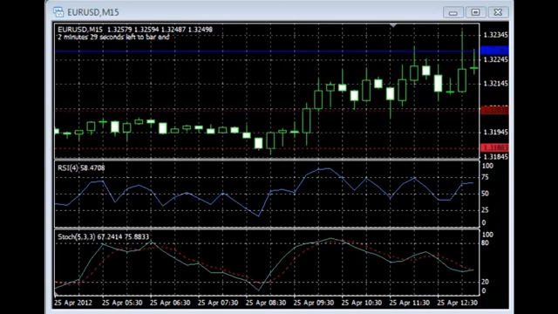The beauty of this particular method, from what I've been able to tell and go backwards as far back as I could in testing this, is that you're going to win at around a 75% clip. So what that means is you keep your trades at the same level, $25, $50, $100, whatever level you can afford to trade at.